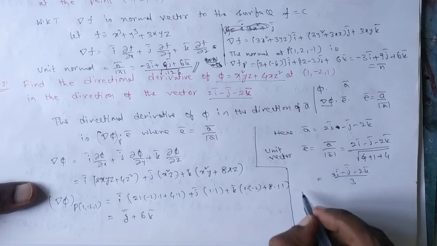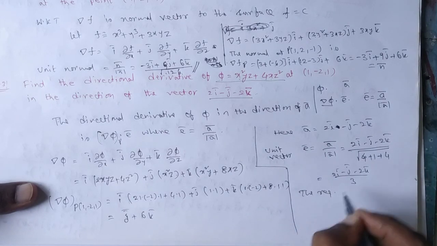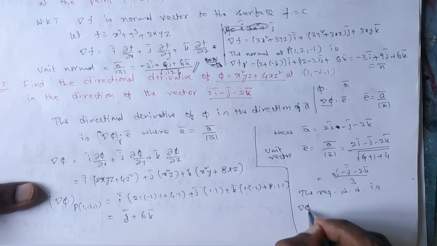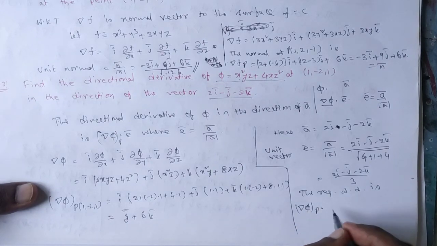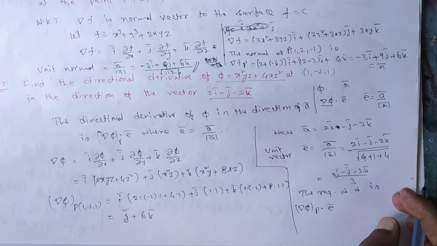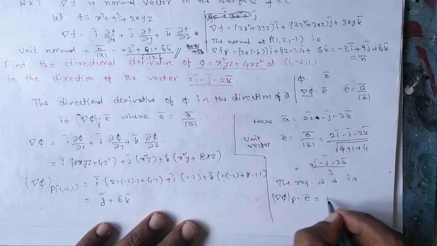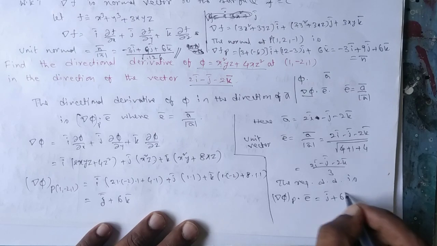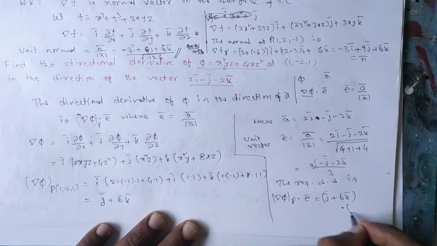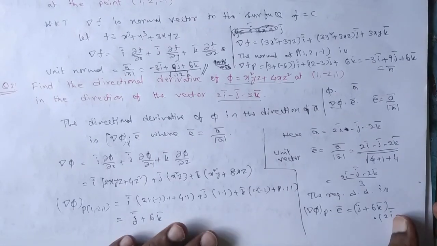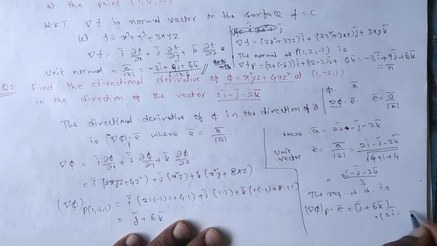So therefore the required directional derivative is gradient of phi at that point P dot e bar, isn't it? So that I am calculating here. So we can write j bar plus 6k bar dot 2i bar minus j bar minus 2k bar by 3.